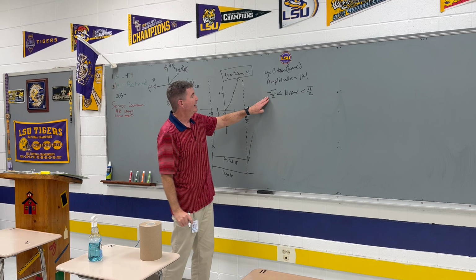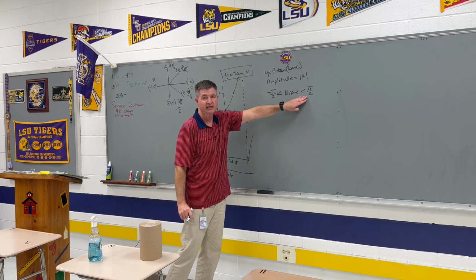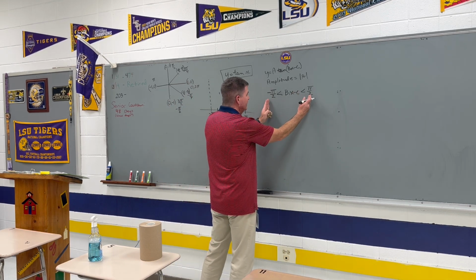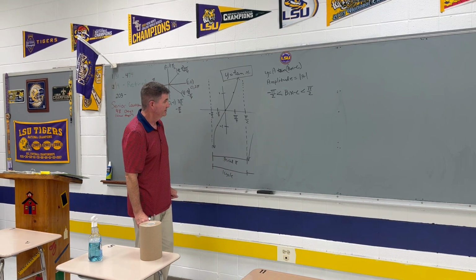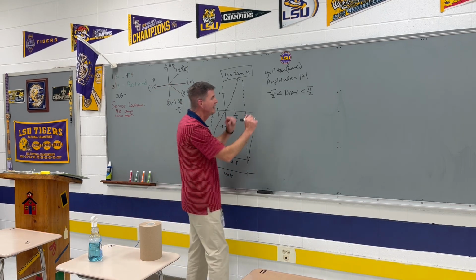Sorry, -pi/2 is less than bx minus c, which is less than pi/2. This takes into account the two asymptotes, and this will give me my two asymptotes.